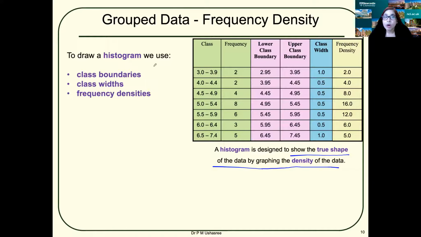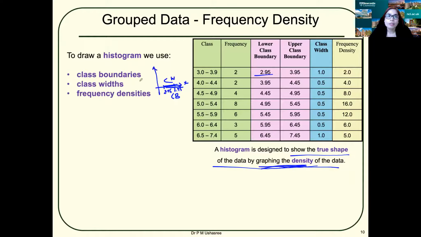On the x-axis, you have the class boundaries, including the lower boundary of the first class, otherwise you can't draw the graph: 2.95, 3.95, and so on. The distance between each boundary gives you the class width, along the x-axis.